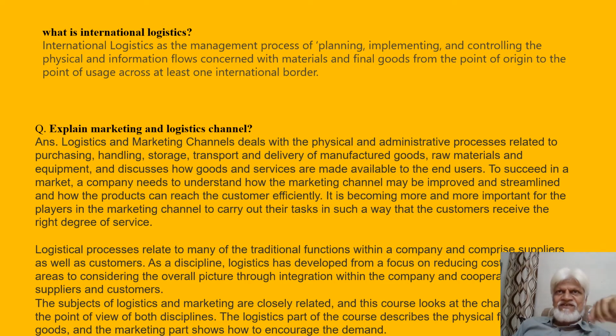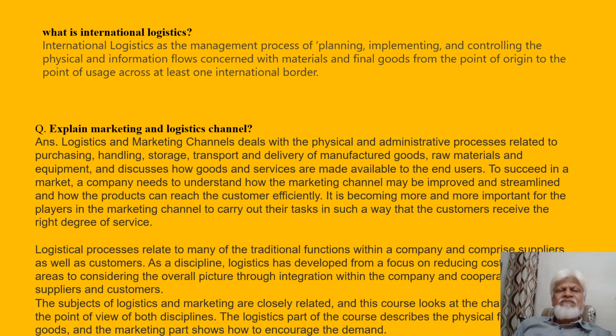It has to cross the country. Then only we specify that as an international logistic. In other terms, you can take an example, that is something we call exports. An item coming inside the country is import. An item that goes out of the country is called export.